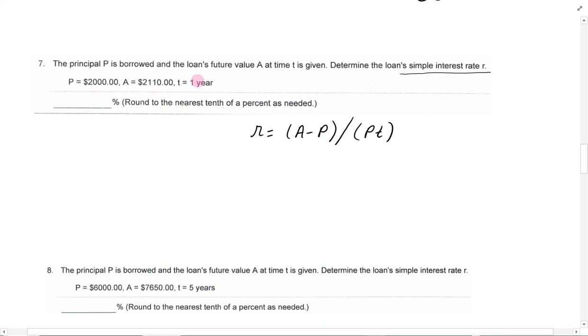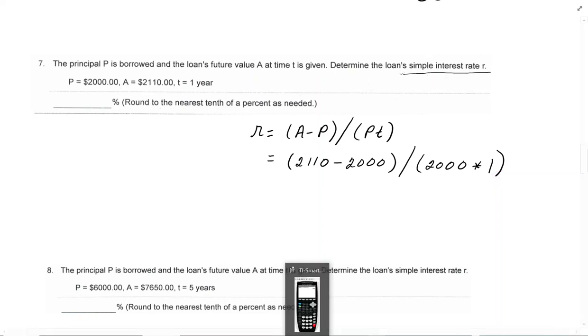I'm looking for the interest rate. This will give me (2,110 minus P, which is 2,000) divided by (P, 2,000, times the time, which is 1 year). Make sure you have parentheses. Put that in your calculator.